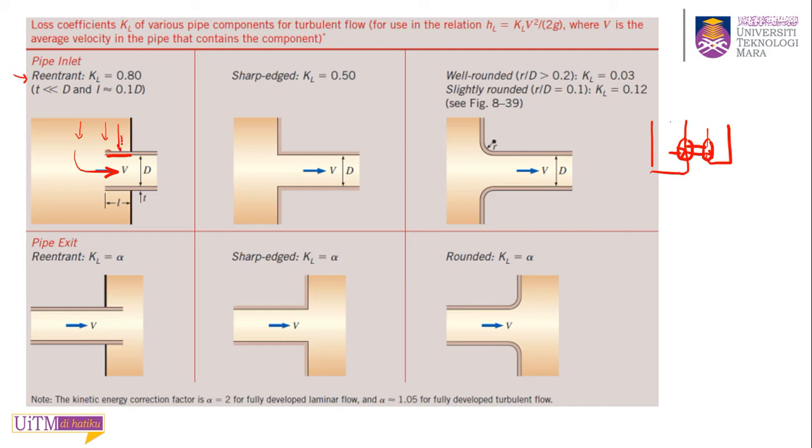So this flow will have losses, it cannot enter easily because something is blocking it. The flow will collide with this wall and not get into the pipe inlet. That's why you have the losses, and the loss is high, 0.8.